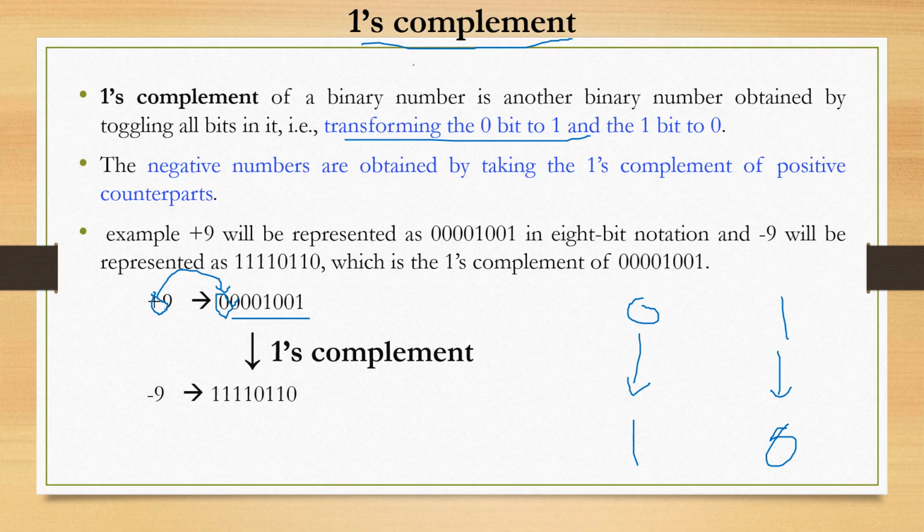Now we convert this plus 9 into the ones complement: the 1 is converted into 0, and the 0 is converted into 1. We change all the bits one by one, and we get the ones complement of positive 9.